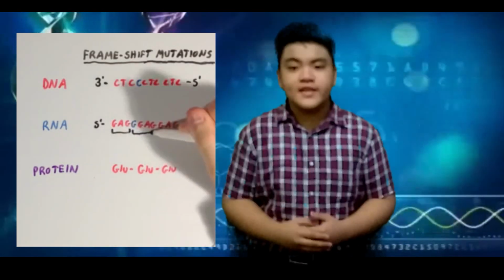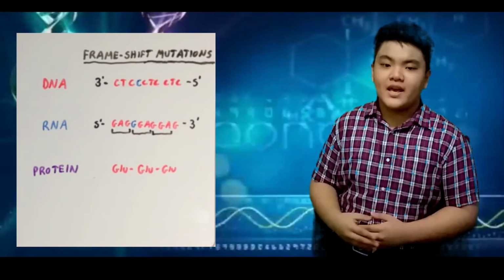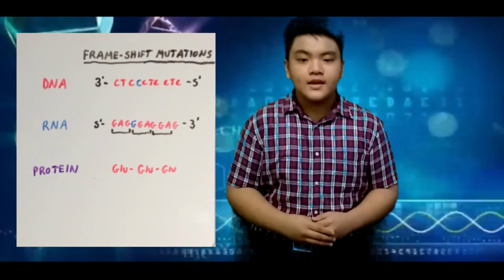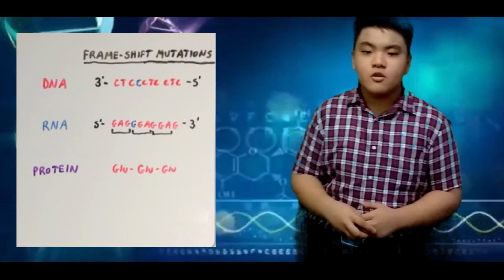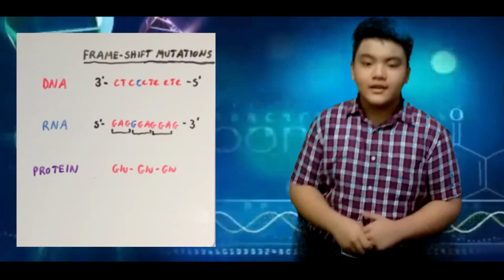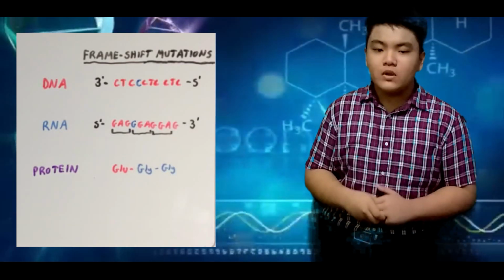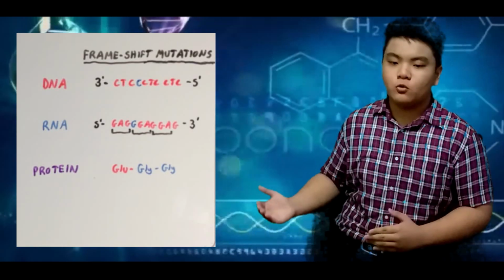But now, since we've added an extra G here, all of the codons coming after the extra G will look a little different. Now, instead of having 3 GAG codons, we've swapped out 2 for GGA codons. This means that 2 of our amino acids in the final protein will be changed, and in this example, they'll be changed from glutamate to glycine.